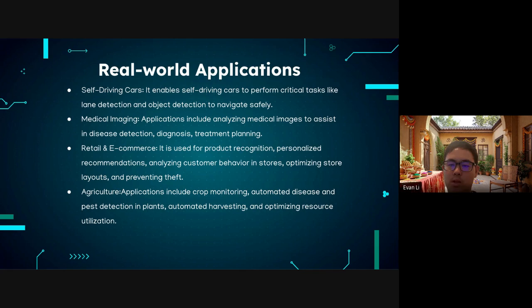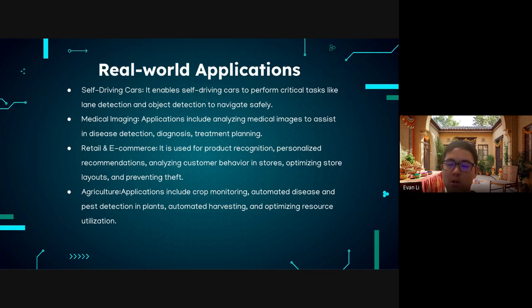Agriculture is another sector witnessing a profound impact from computer vision, leading to the rise of precision farming and sustainable agricultural practices. Computer vision applications in agriculture include comprehensive crop monitoring, enabling farmers to assess crop health and growth stages, and identify areas requiring attention. It facilitates automated detection of plant diseases and pests, allowing for early intervention and targeted treatments, minimizing the use of pesticides and promoting sustainable farming.